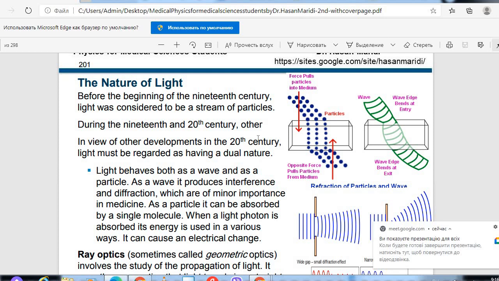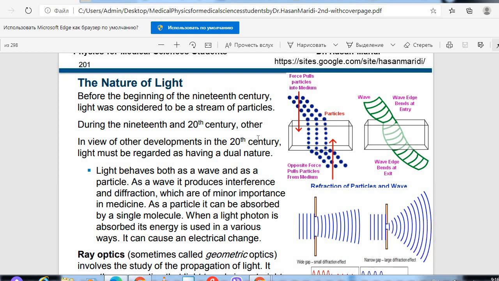When we're talking about the nature of light, we always think about this dual nature: light is a stream of particles, corpuscles, as we say in Latin. A force pulls this particle into a medium, and some force pulls it from the medium, and we call these particles photons, the particles of light.